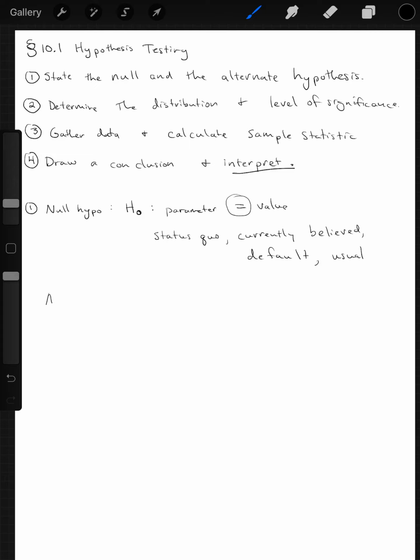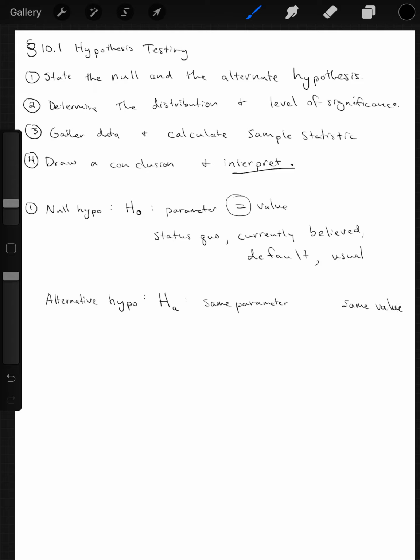And our alternative hypothesis is similarly H with a subscript, but it's H subscript A, which is a little bit trickier to tell in handwriting than in typing. It's sometimes called H1, but it's more common HA. And this is always going to have the same parameter as H naught, and it's always going to have the same value as H naught.